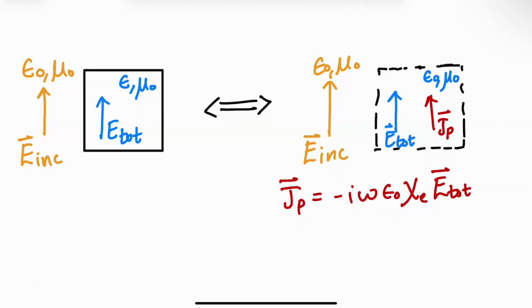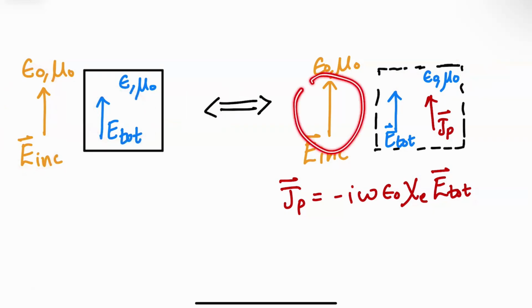Okay. There's another issue with this, which is that when I have an incident field, this one is at some wavelength lambda naught. Inside the medium, you have E total, which is at lambda, which is not at lambda naught, right? Because inside the medium, k is omega square root of mu naught epsilon, whereas here, k naught is omega square root of mu naught epsilon naught, right? So I had an incident field out here, and here the field became the total field.